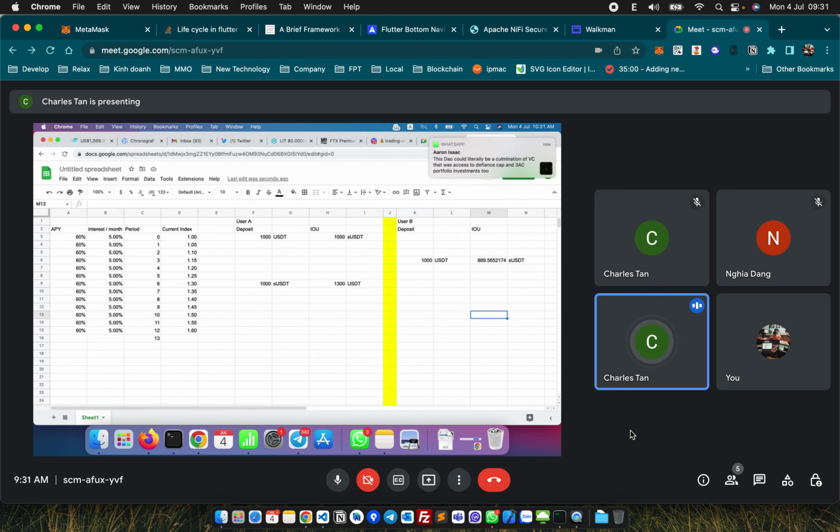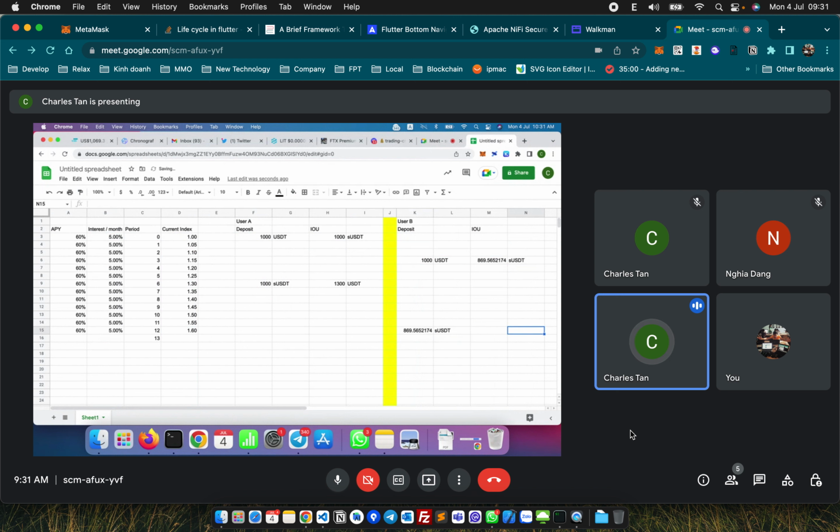So let's say, using this example, he holds for 9 months, all the way until month 12, when the index is now 1.6. So same thing that we do with user A. When he's ready to unstake and claim his reward, we will now take this figure of SUSDT.